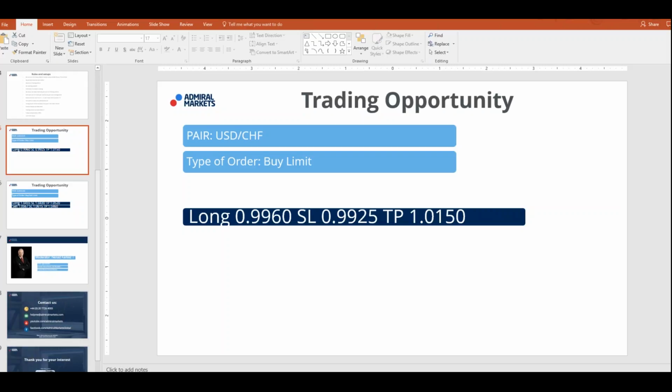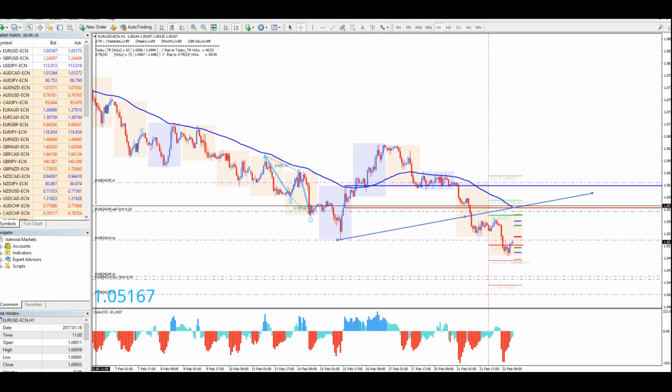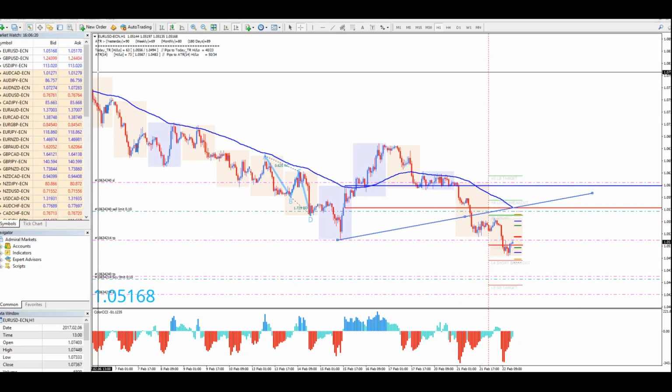Once more, this is 99.60 long, 99.25 stop, 0.150. Let me show you the screen here, dollar Swissy.